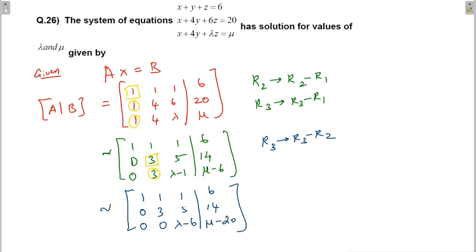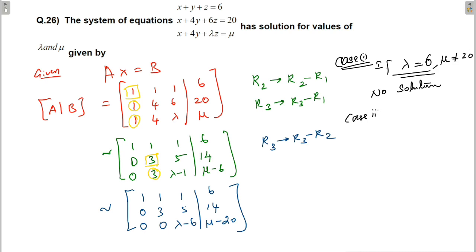So now we are going to apply 3 cases. Case 1, if lambda equal to 6 and mu not equal to 20, you get no solution.